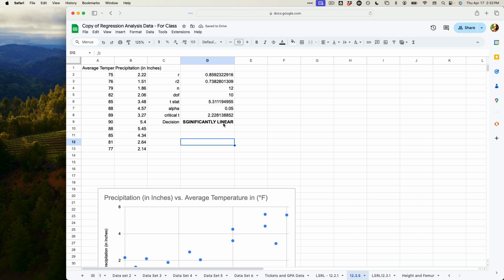And it's telling me it is significantly linear. The correlation coefficient is 0.86. The R-squared value is 74%. So in other words, 74% of the variation in the precipitation can be explained through variation in the average temperature.